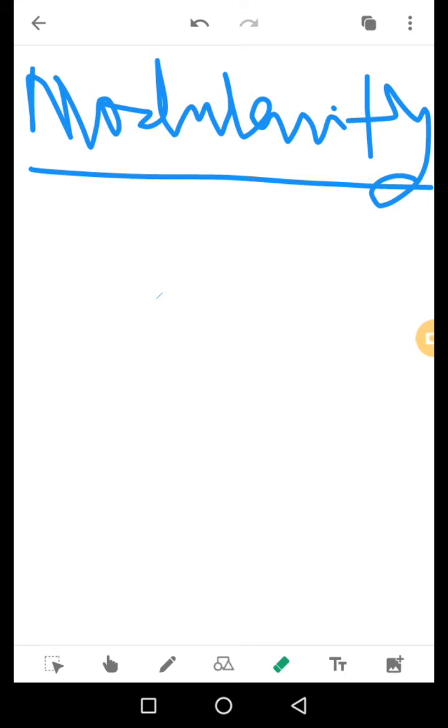So we want to have a look at programming languages that formally support module concepts. That is, some programming languages that formally support module concepts.